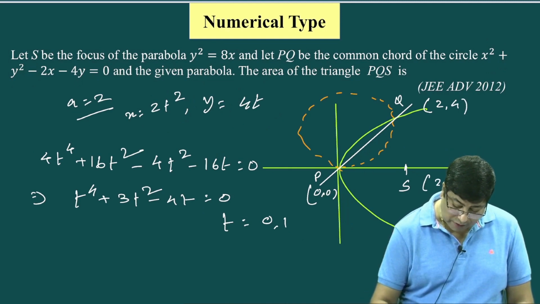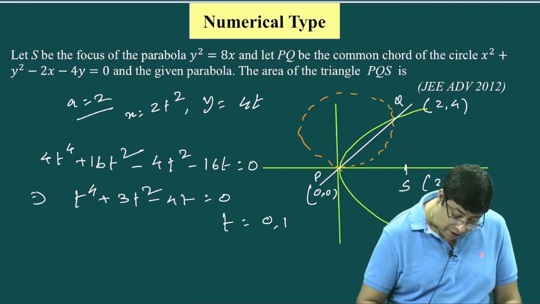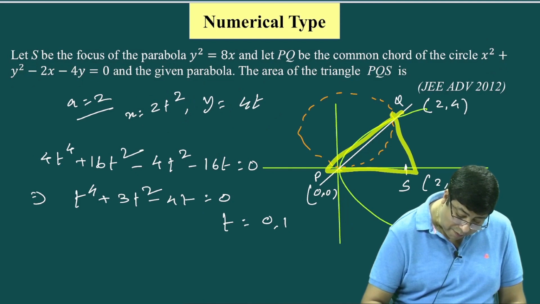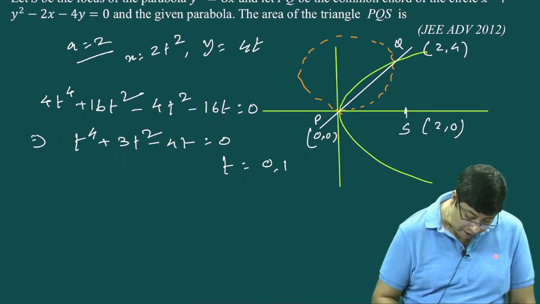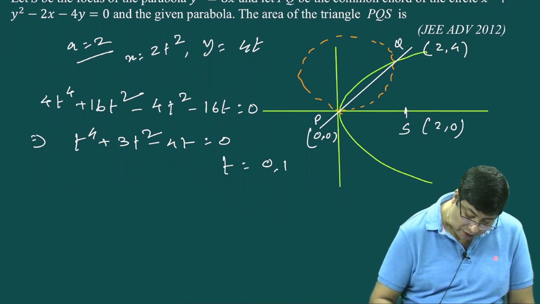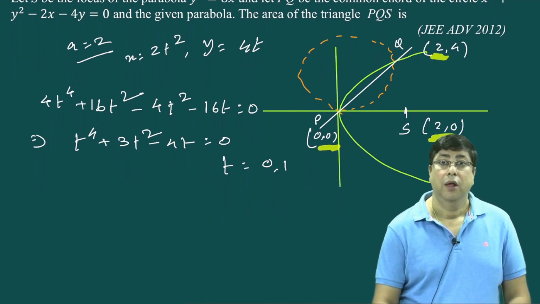Focus is 2 comma 0. Now we have to get the area of the triangle PQS. I am drawing it fresh. See one very interesting thing: P is 0, 0, S is 2, 0, Q is 2, 4.